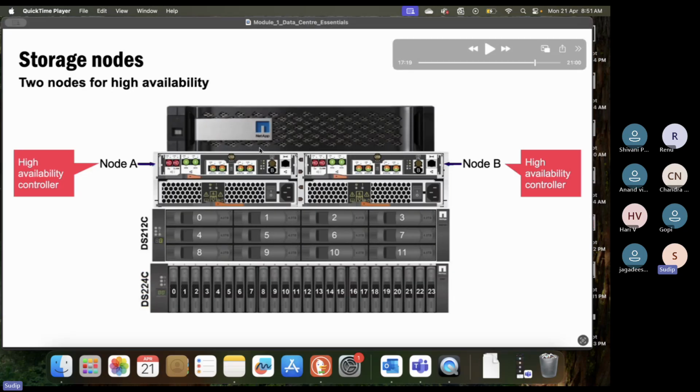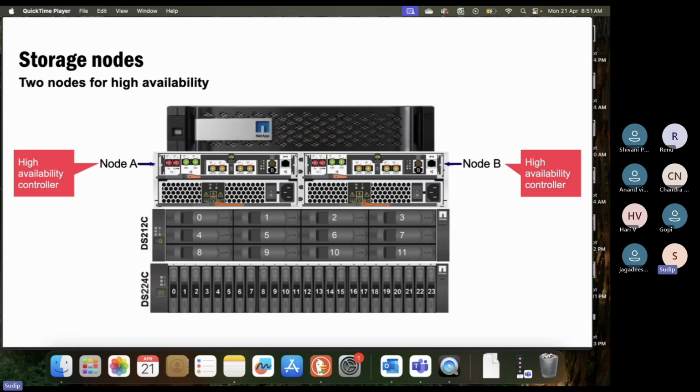You will see different manufacturers having different kinds of controller chassis. What we are seeing right now is one of the models of NetApp. NetApp is one of the leading storage manufacturers in the world, which you also acknowledged in your day one exercises.